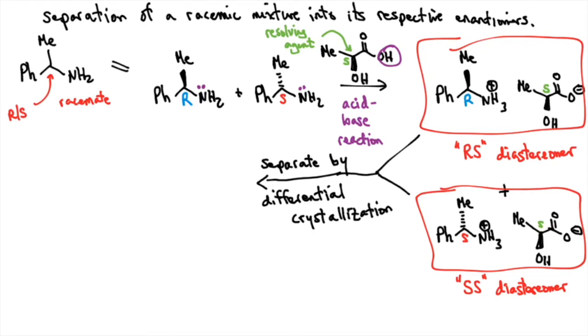And so what we can do is filter off the insoluble diastereomer, leaving the soluble one behind. And so this happens sort of arbitrarily. Let's say the SS diastereomer happens to be more insoluble in organic solvent, and so now we have a method of separating physically one of the diastereomers from the other.